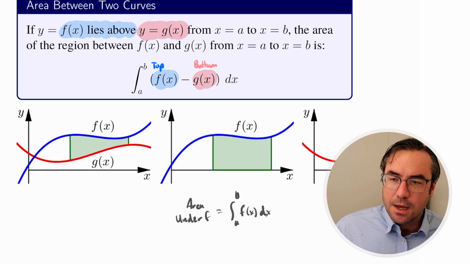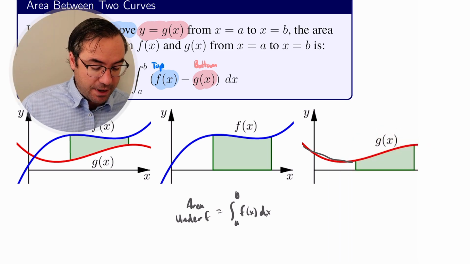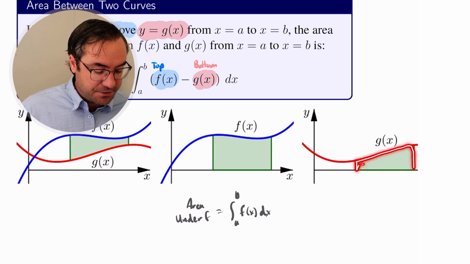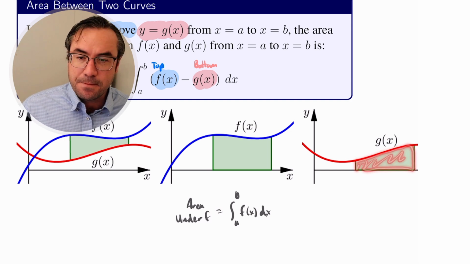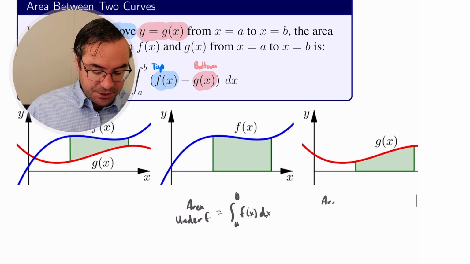Okay. Well, let's forget for a second that we have function f, and let's look at just g of x. So here's our graph of g of x. And if we wanted to figure out the area under that one, we could just integrate.